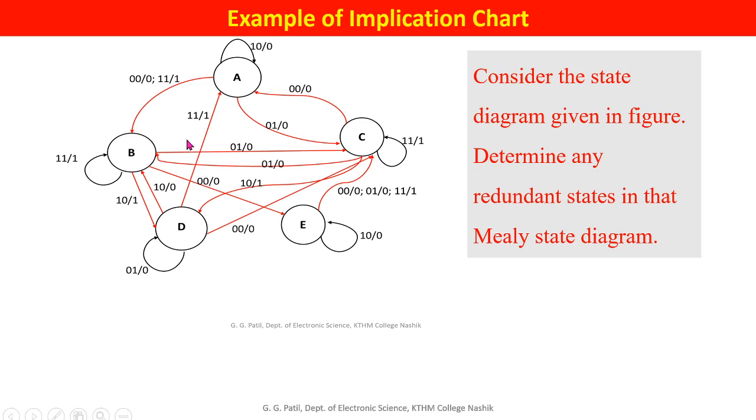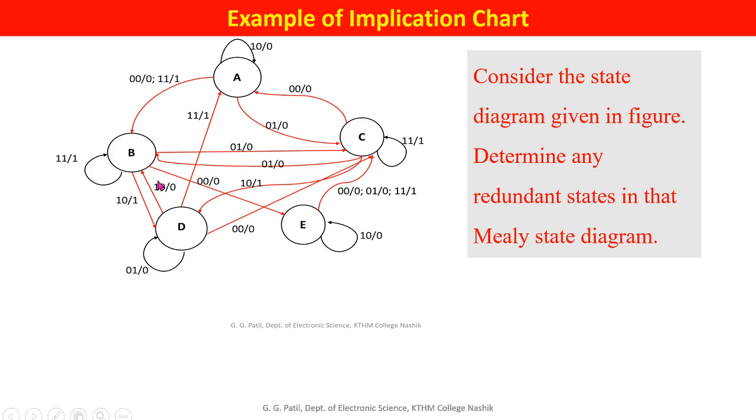This one. The next state is C and output is 0. Then when present state is B and input is 1 0, where is 1 0? This one. The next state is D and output is 1. And when the present state is B and input is 1 1, the next state is again B and the output is 1. So in this way the state table has to be prepared from the state diagram.